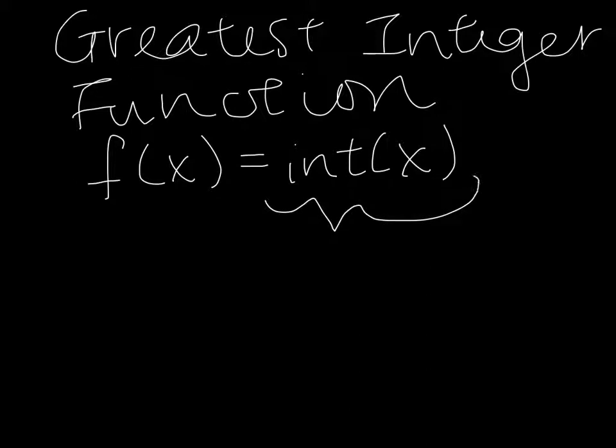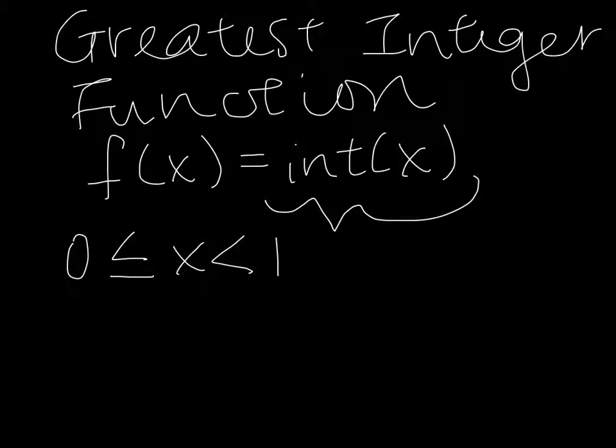This part means that if, say, the interval was x is greater than or equal to 0 and less than or equal to 1, that's your interval, this portion is telling you that f of x would be equal to 0, because that is the greatest number to which x is greater than or equal to.